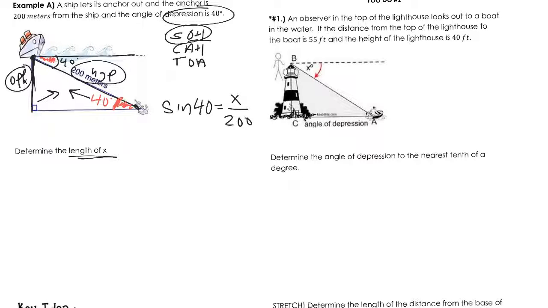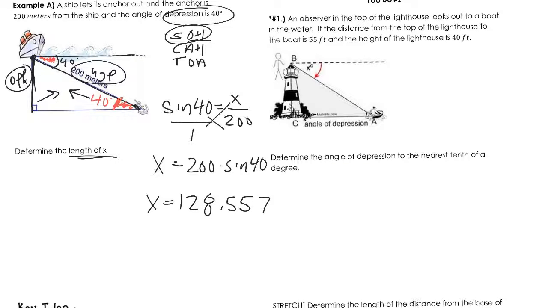Then I just want to solve for X. So I'm going to cross multiply here. X equals 200 times sine 40. And again, we just want to quickly type that in our calculator. If you want to make sine 40 a decimal first, that's fine. It's 0.642787 times 200. So X equals 128.557.